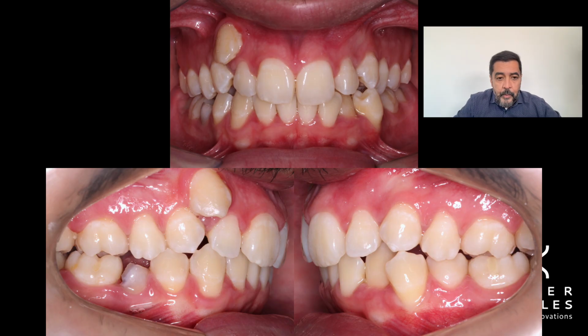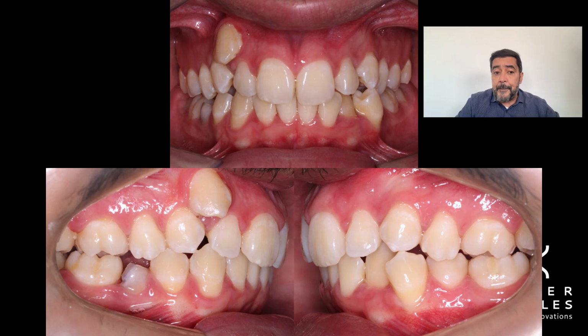What we see now is most probably because of the premature loss of a deciduous molar, in this case a first deciduous molar, in a later phase of the development of the occlusion. How do we know that?